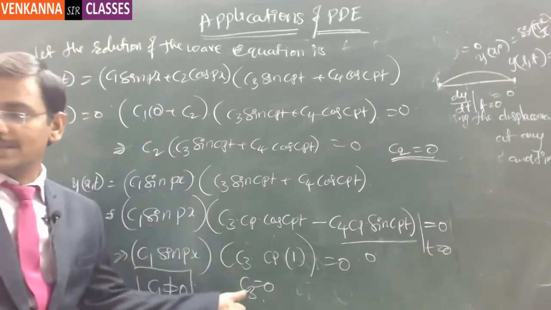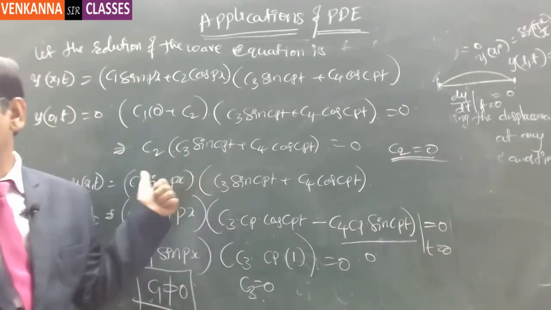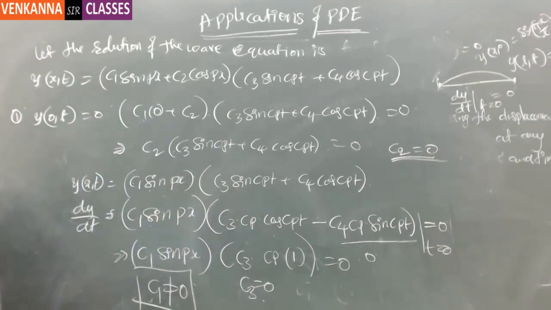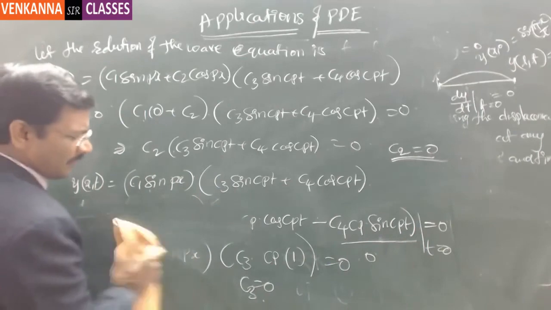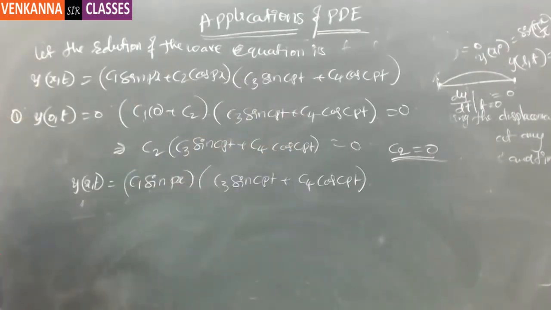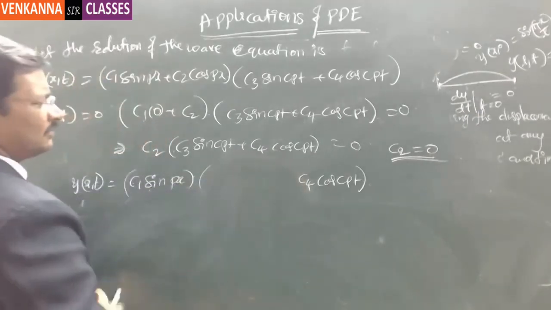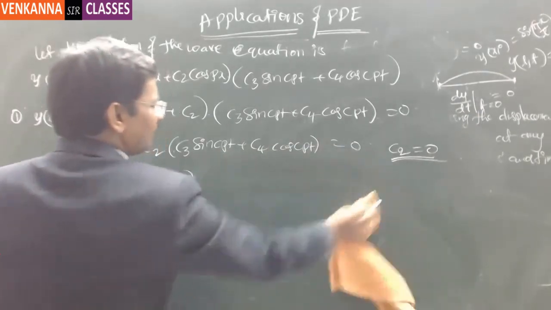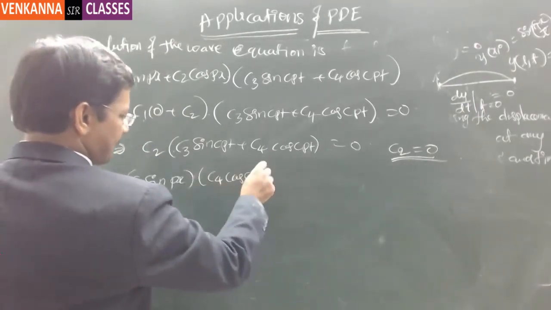So if I replace C1 and C3 in the original equation, the remaining equation is, based on the other condition, we have got C3 is also 0. That means whatever is left over is C4 cos cpt.